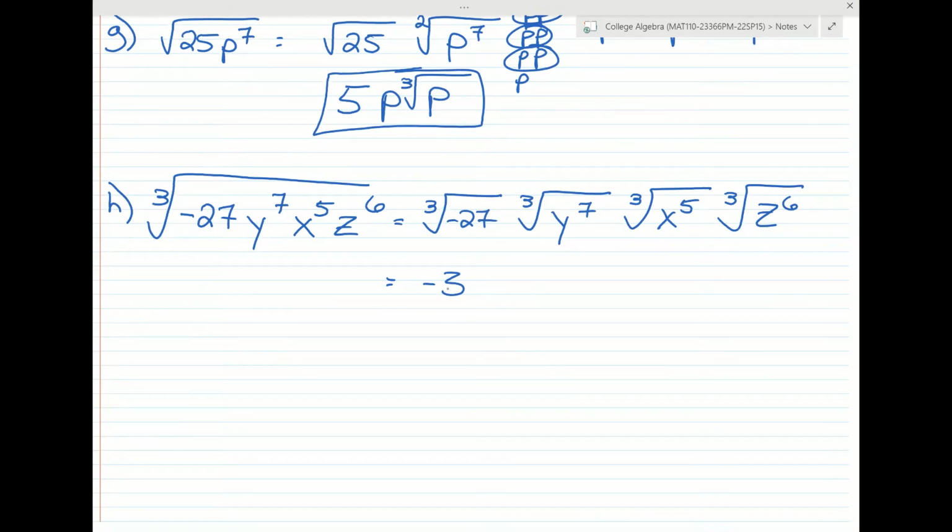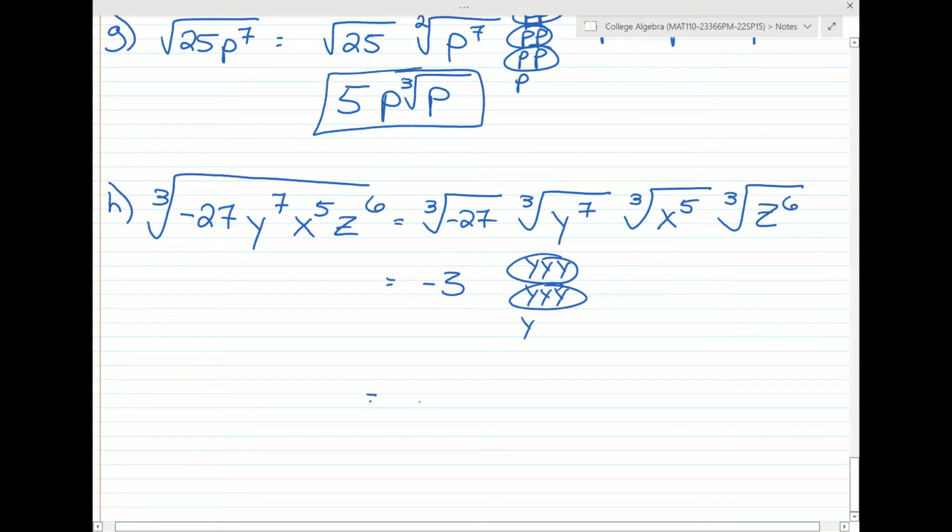Cubed root of y to the 7th, we have a couple different ways to do that. I think most people would write y 7 times. It looks like we have 2 groups with 1 left over. So we say 2 groups, or y to the 2nd, with 1 left over.